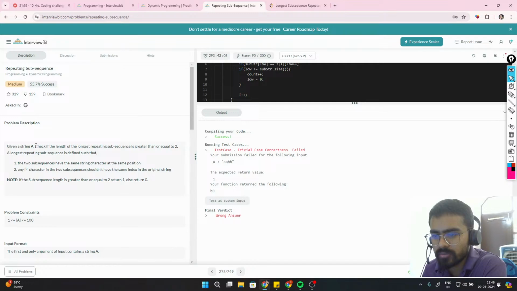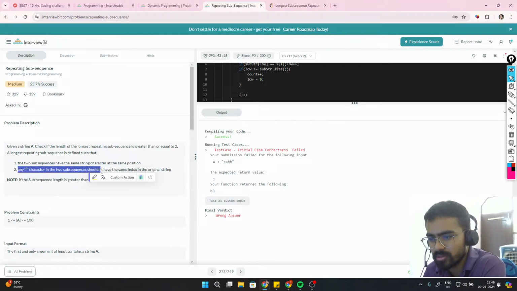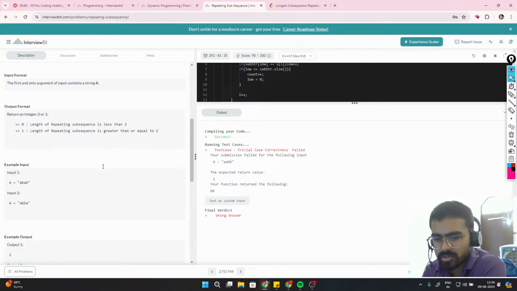Given a string A, check if the length of the longest repeating subsequence is greater than or equal to 2. Longest repeating: the two subsequences have the same string character at the same position. Any ith character in the two subsequences shouldn't have the same index in the original string. The subsequence length is greater than or equal to 2. This question is not very much clear.